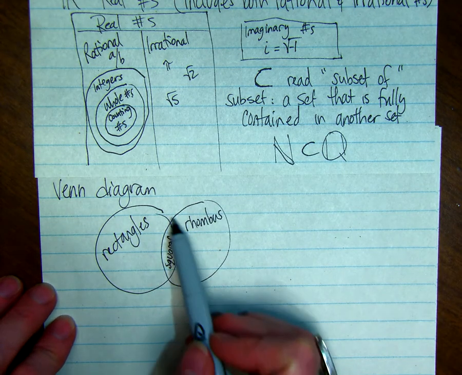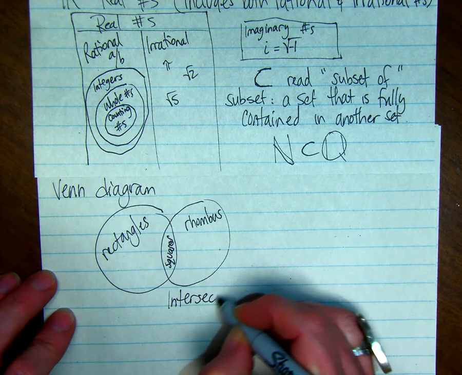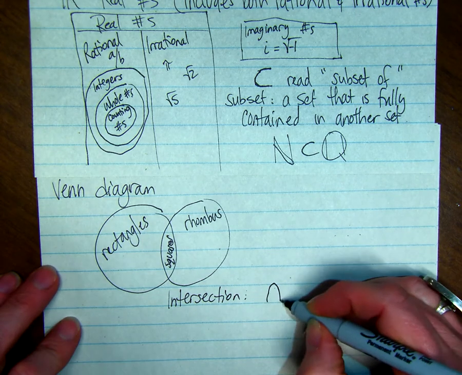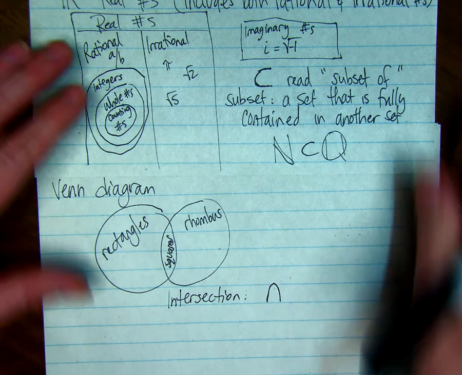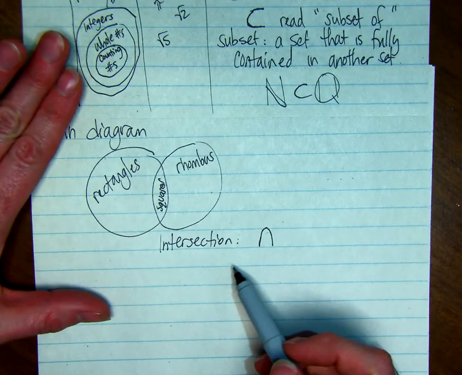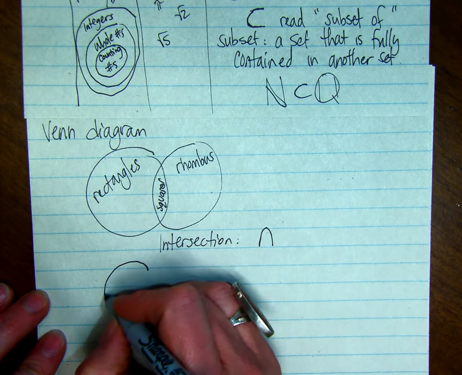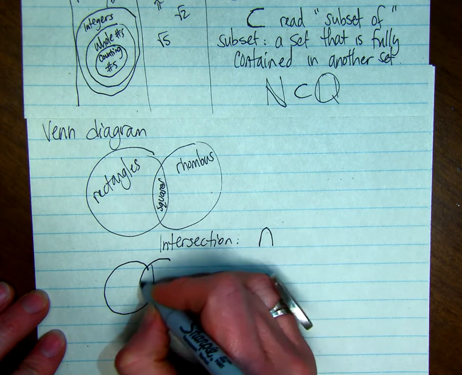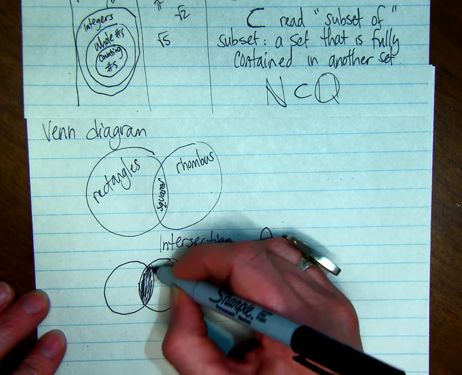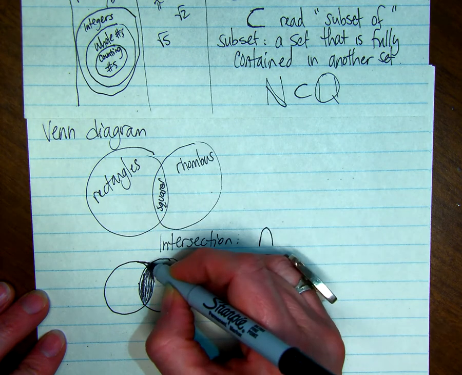So this part right here, the squares, that's called the intersection. When two sets meet and they have common elements, what is common between them is called the intersection. It's this part right here, so it's common to both. It's in both groups.